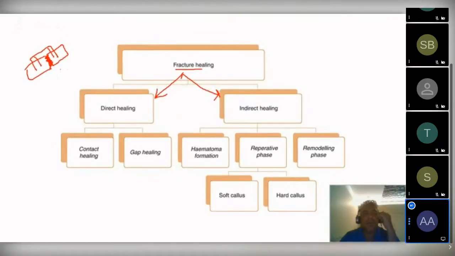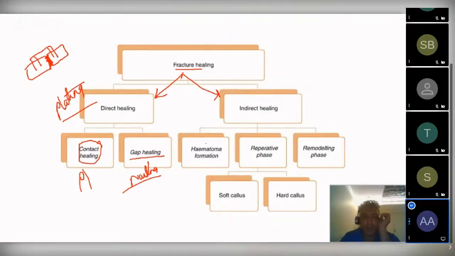There is no cartilage formation and then endochondral calcification, ossification and healing. So direct healing is especially in plating of a fracture. Direct healing can be contact healing, as I said, in plating. Gap healing is in nailing.